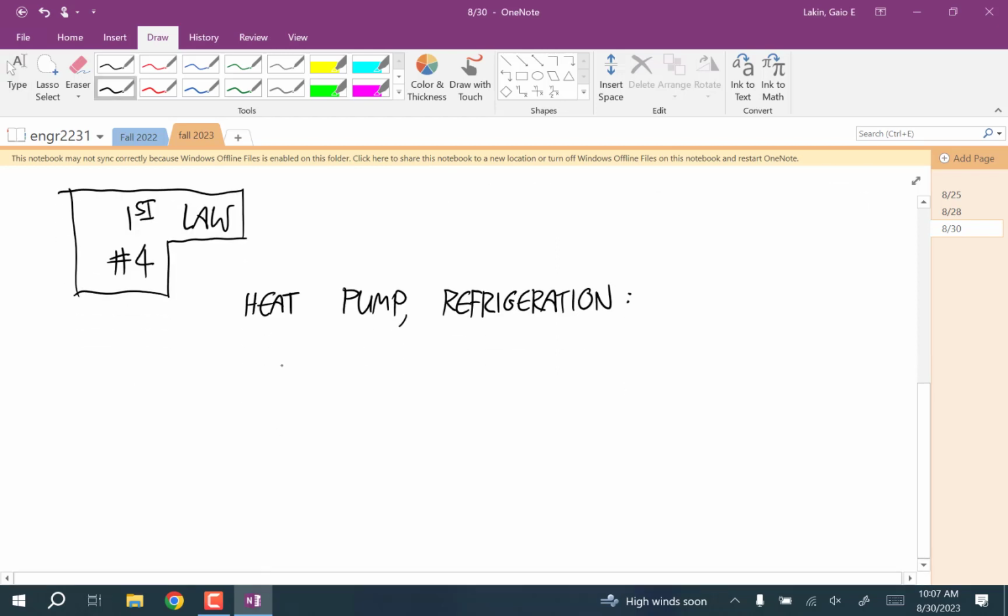If you think of a piston and a cylinder, this is the gas, the refrigerant in this case.